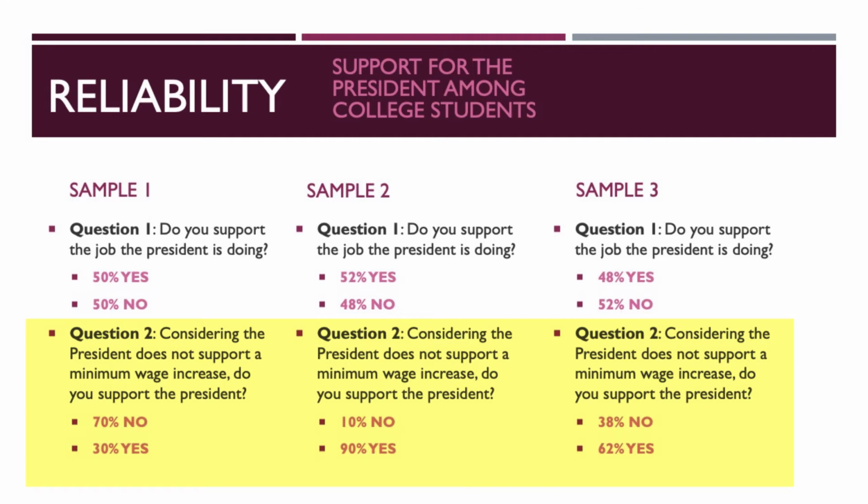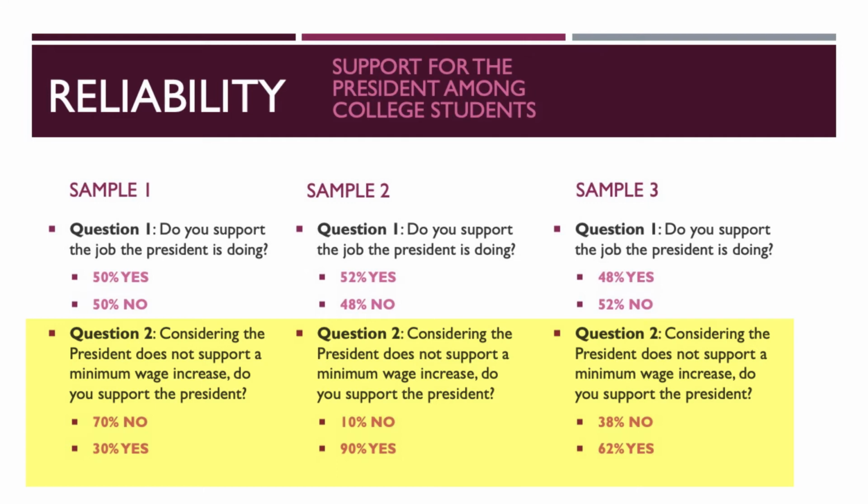So question 2 for sample 1 has now changed to 70% do not support the president, 30% do. When we look at sample 2, we see that support radically increases from the previous one. So 90% yes in this sample, 10% no. And then in our final sample, 62% report supporting the president compared to 38%.